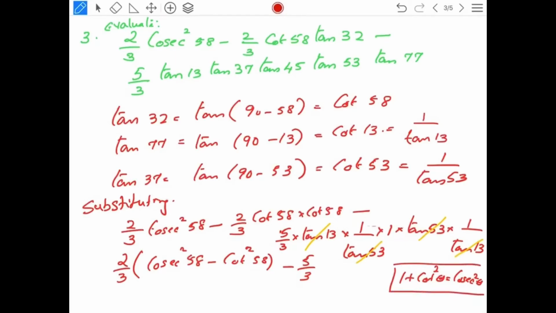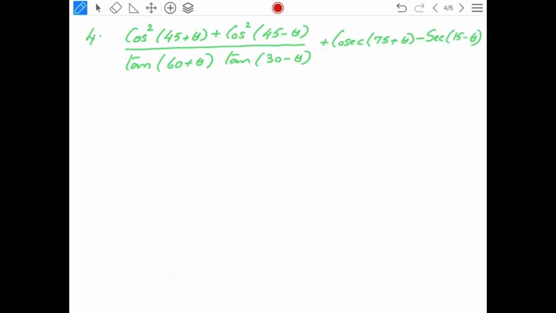So cosecant square theta minus cot square theta is 1. So this expression will become 1. So 2 by 3 into 1 minus 5 by 3. So it is 2 by 3 minus 5 by 3, so minus 3 by 3 is minus 1. You have to be very careful in selecting these angles and then converting. This is also similar to the previous problem.